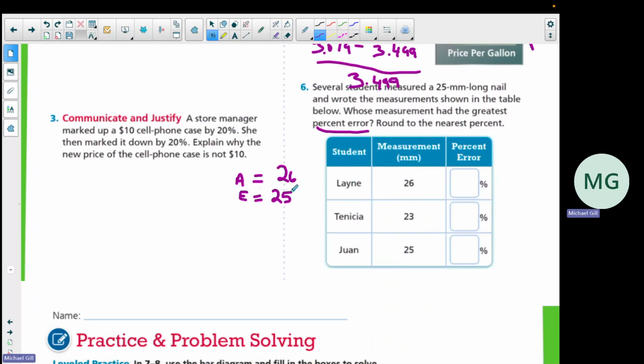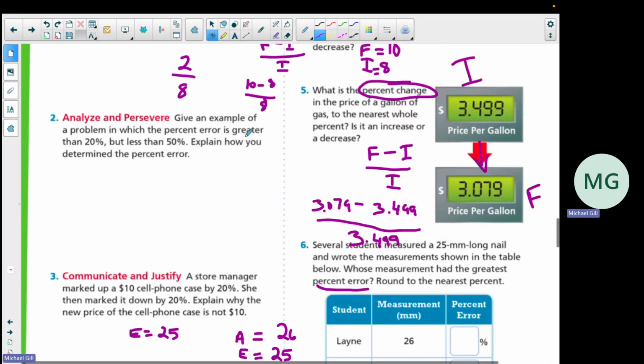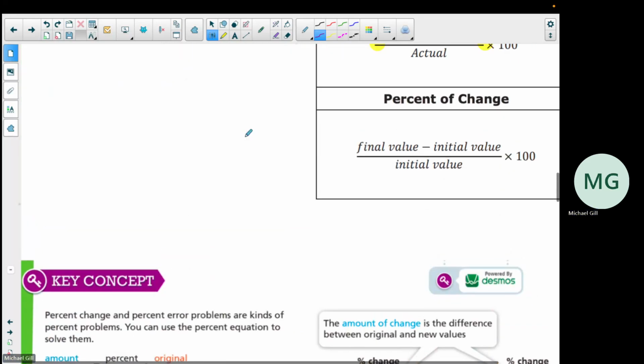And this is a confusing problem. I won't make it this confusing. So now I write the formula. Estimated, subtract actual. Let me just make sure I'm putting that in the right place.